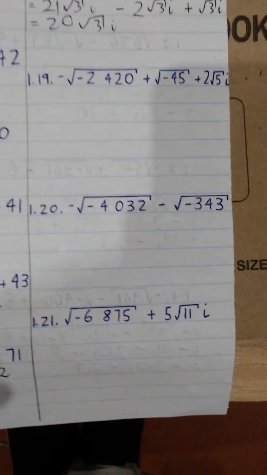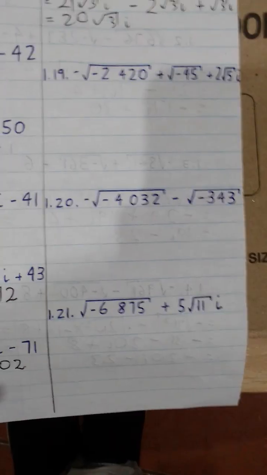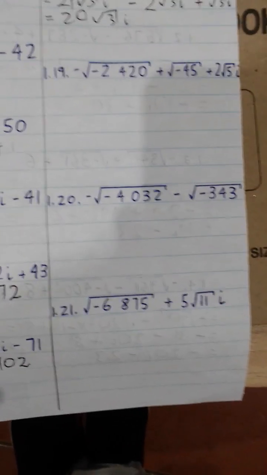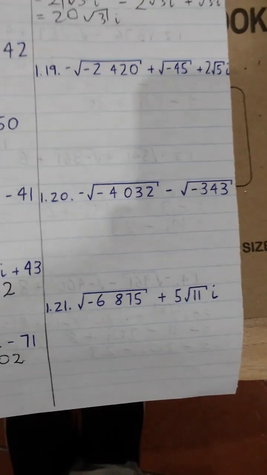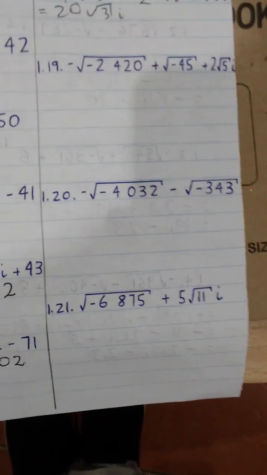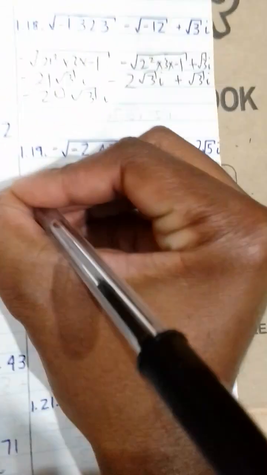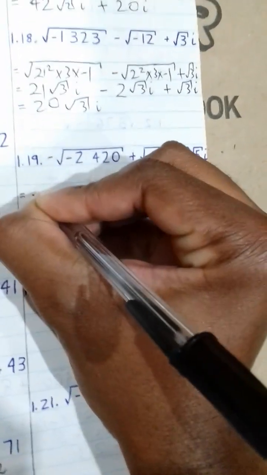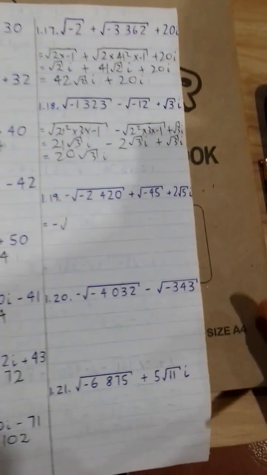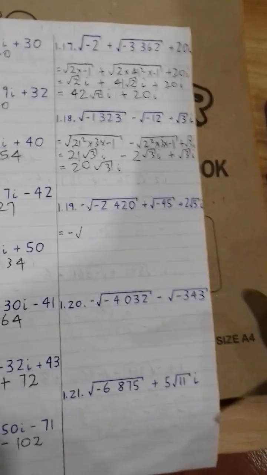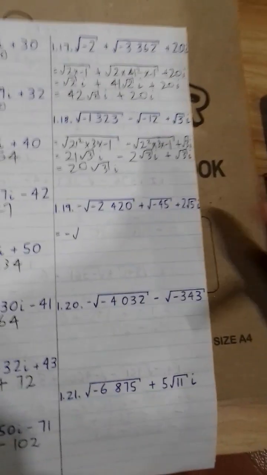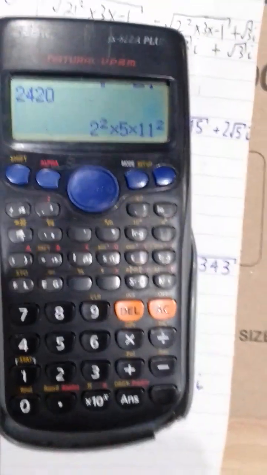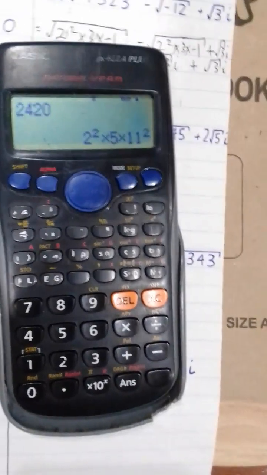1.19: square root of negative 2420, plus square root of negative 45, plus 2 square root of 5 i. So this is going to be negative square root of 2420, which is 2 squared times 5 times 11 squared. 2 times 11 is 22.